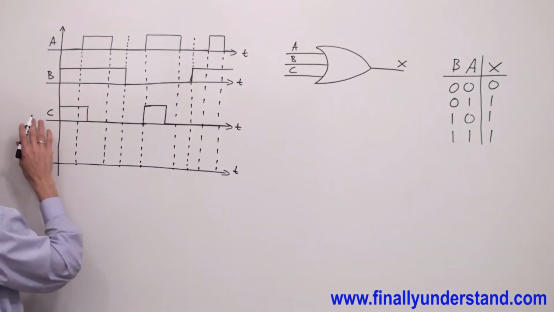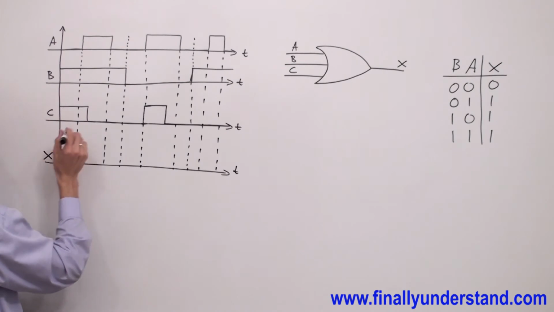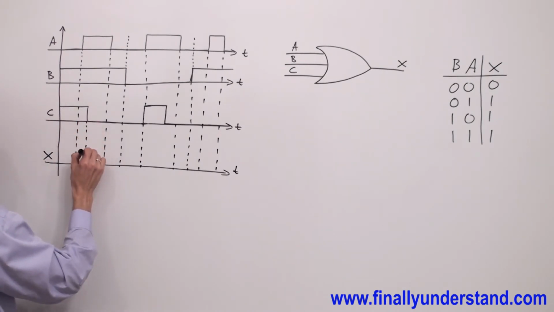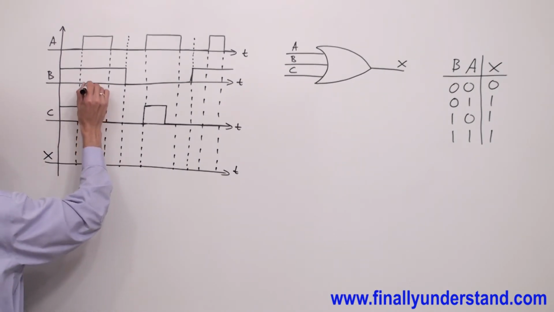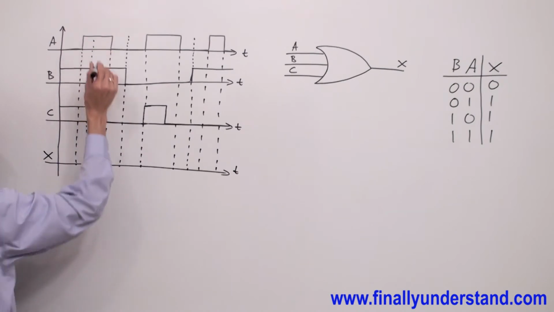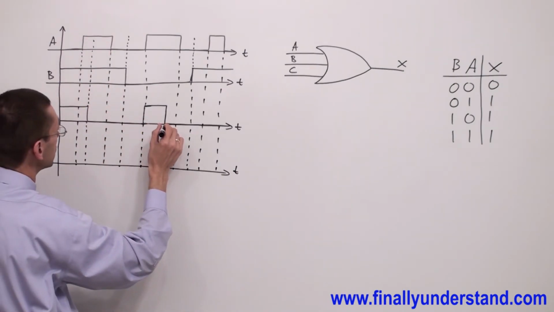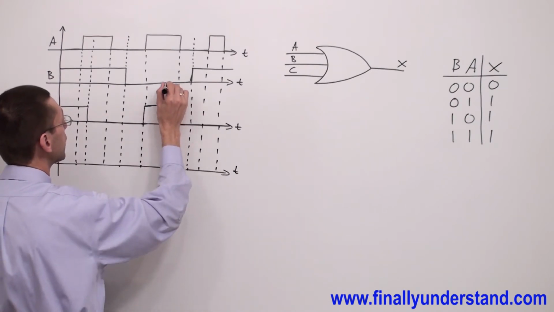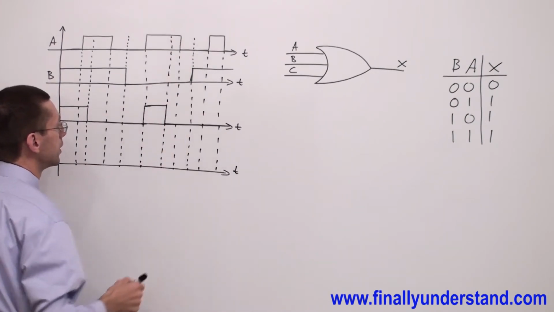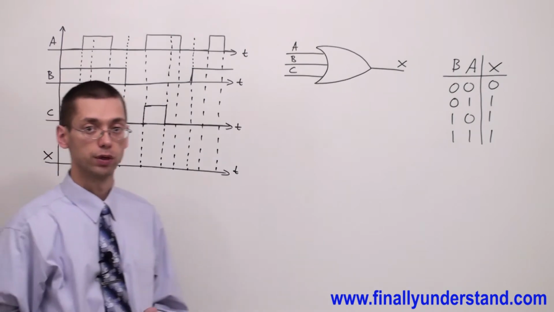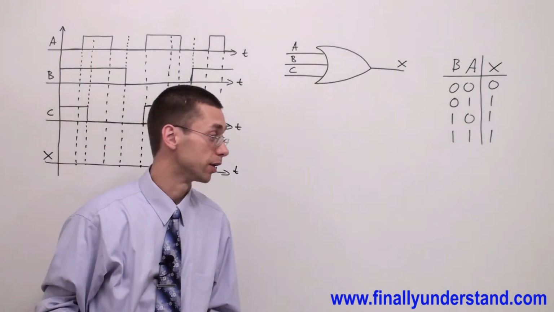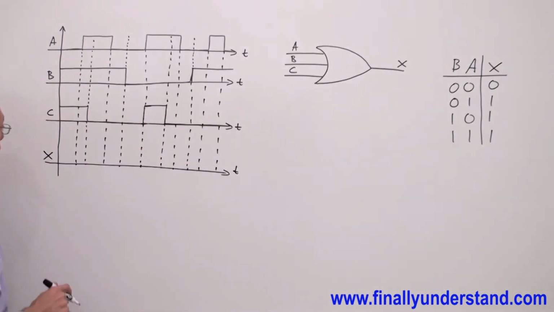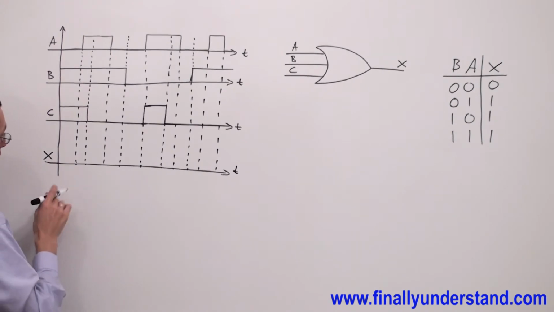And we have to look at waveform C. I have a transition and look up, and also draw the dashed line, and I have another transition over here.